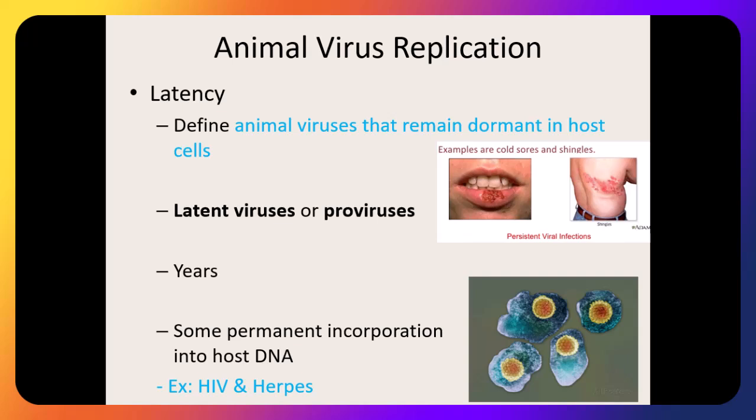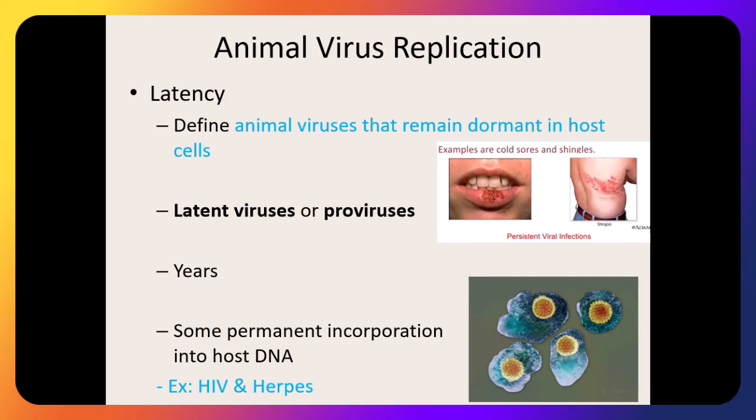They're known as latent viruses, also known as proviruses, and they hang out in the cells for years, if not your entire lifetime. Again, that viral genetic material is inside of the cell. Might not be doing much, but the genetic material has incorporated into our own genetic material and it's hanging out.